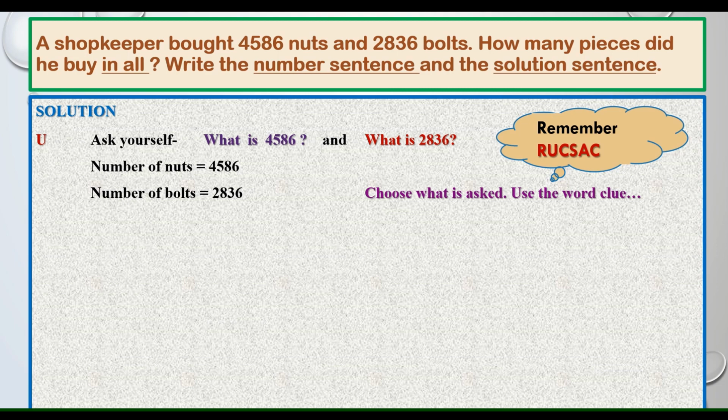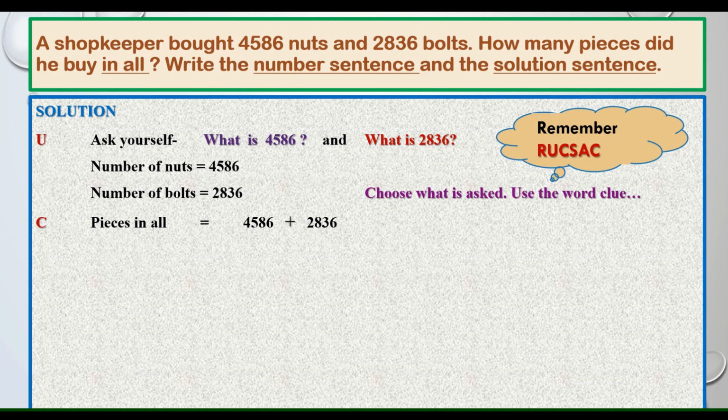Pieces means nuts as well as bolts. So your next statement is formed: pieces in all is equal to 4586 plus 2836.